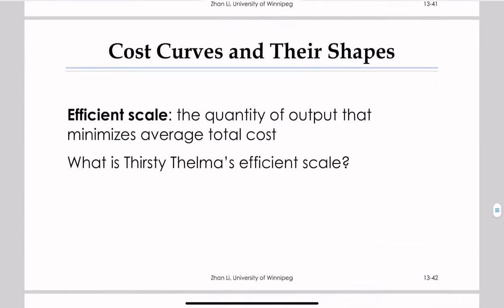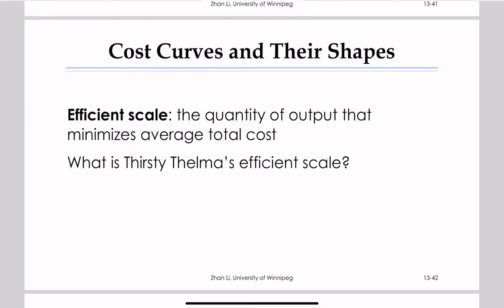Okay, so on this ATC curve, we can define efficient scale. What is the efficient scale? Well, it's the quantity of output which minimizes average total cost.